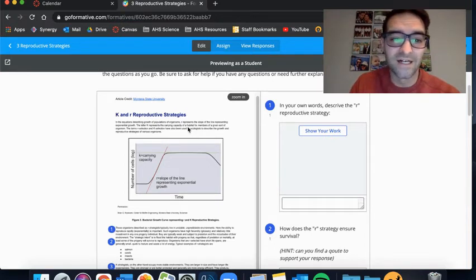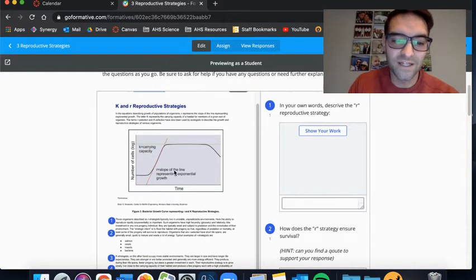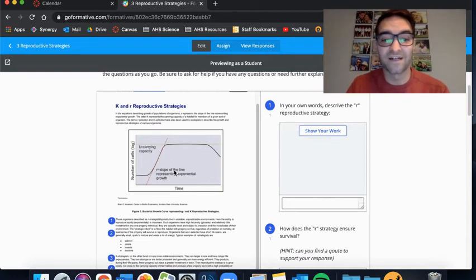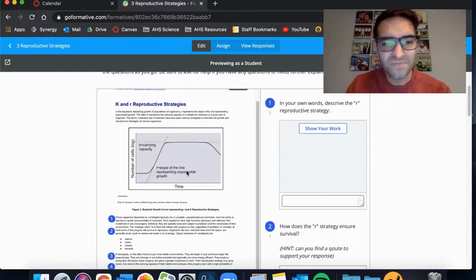They will be talking about that, but this portion really does identify the K and R strategies and their key components and characteristics. That's why I chose this reading. And it's real science, right? We're not just reading from a little textbook about what it is. This is the real science and information as it's being applied.